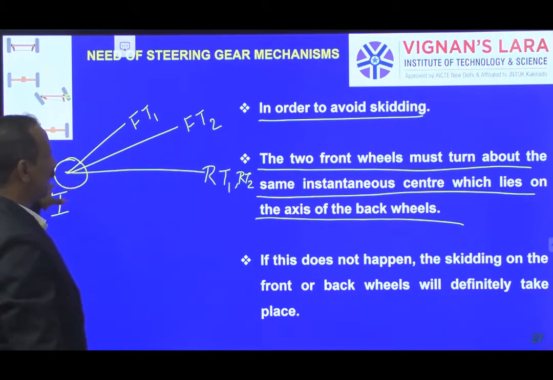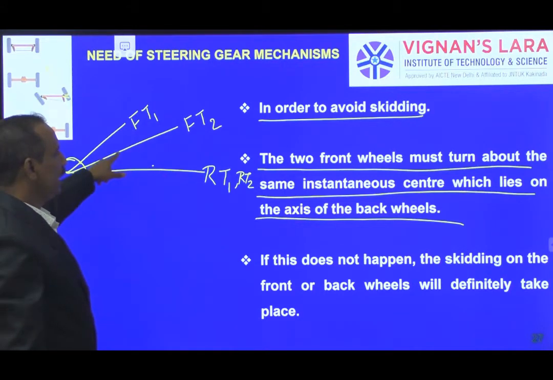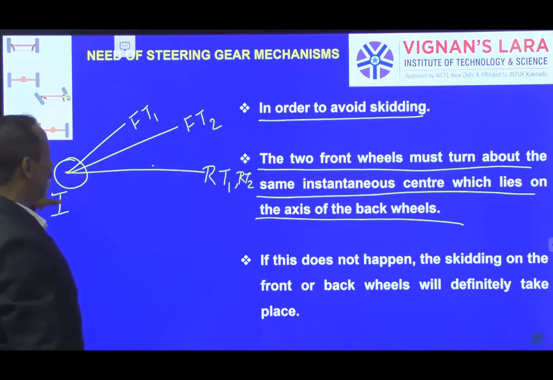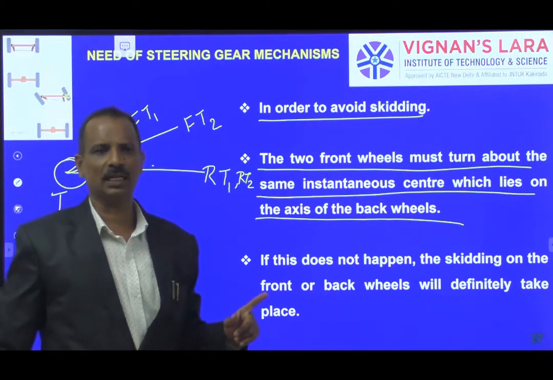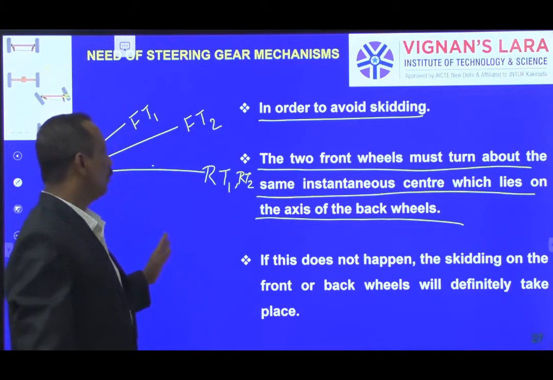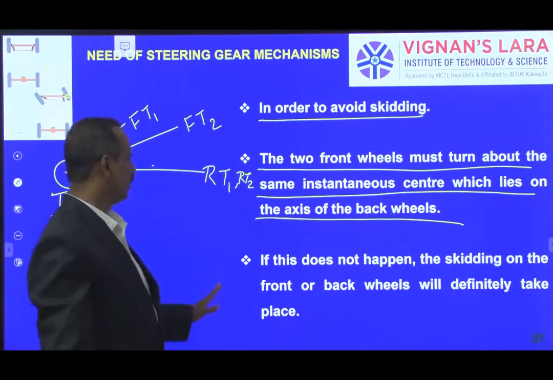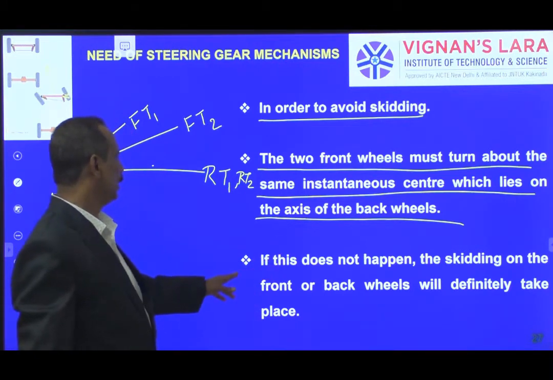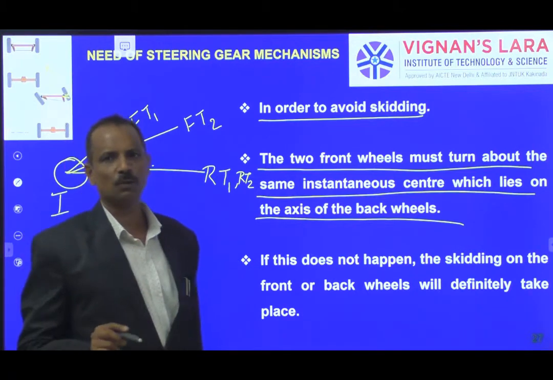That means the rear wheels' axis, the back wheel center, and the center lines of the two front wheels all will intersect at a point called the instantaneous center. Suppose you don't fulfill this, that means if this does not happen, then skidding of the front or back wheels will definitely take place.